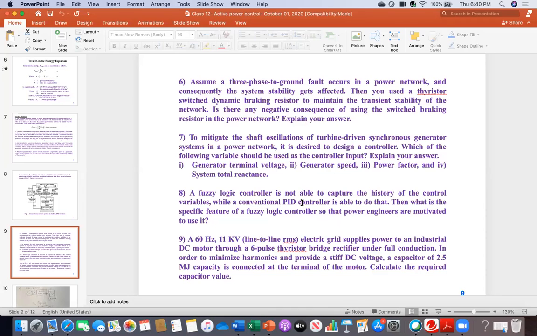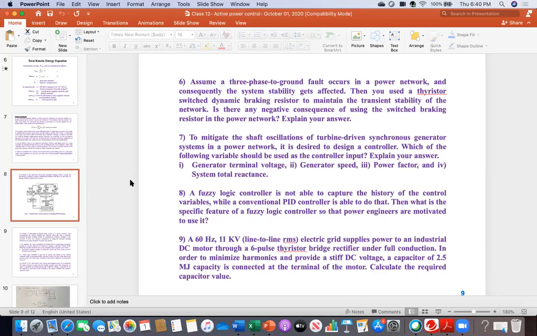Now come back to the next question. A fuzzy logic controller is not able to capture the history of the control variables, while a conventional PID controller is able to do that. PID means proportional integral derivative. Then what is the specific feature of a fuzzy logic controller so that power engineers are motivated to use it?